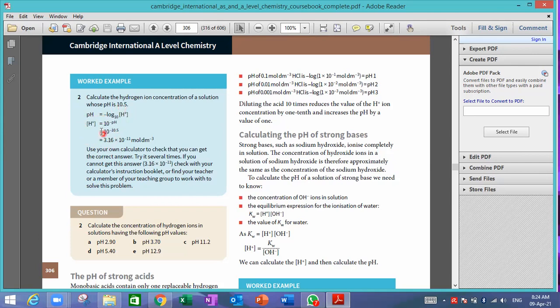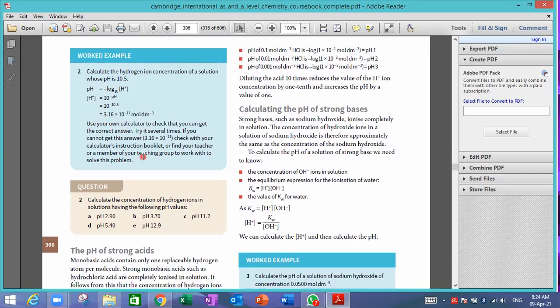You can try it on your calculator to get the hydrogen ion concentration. So either they give us the hydrogen ion concentration and want the pH, or they give you the pH and want you to calculate the hydrogen ion concentration.